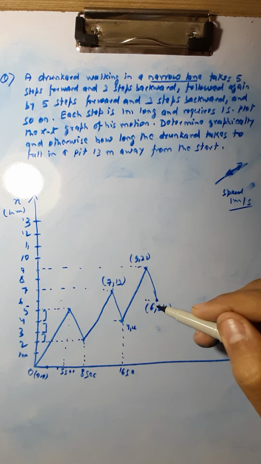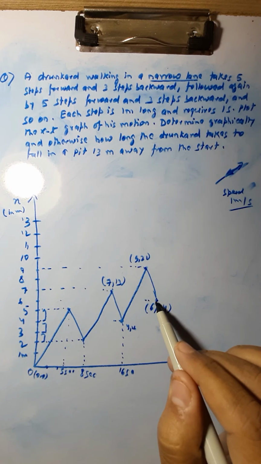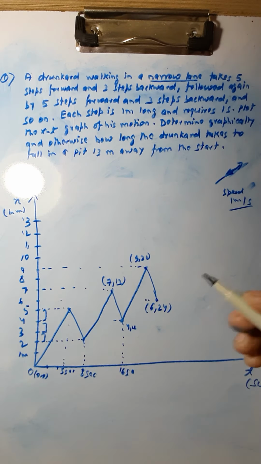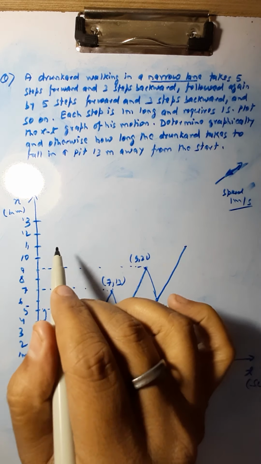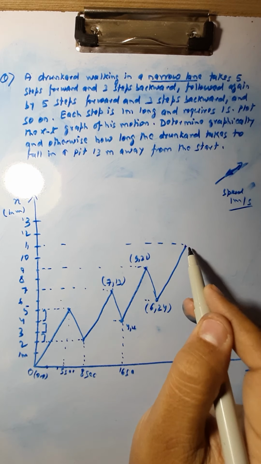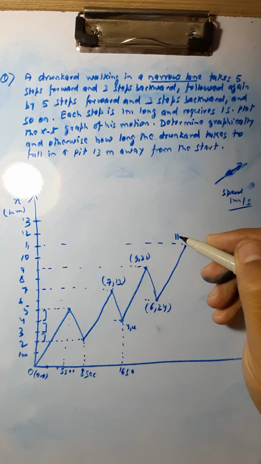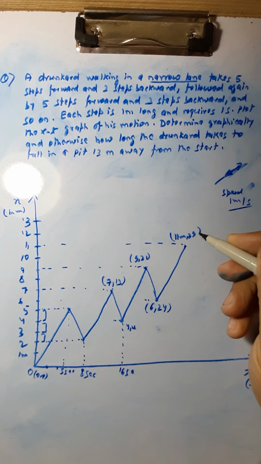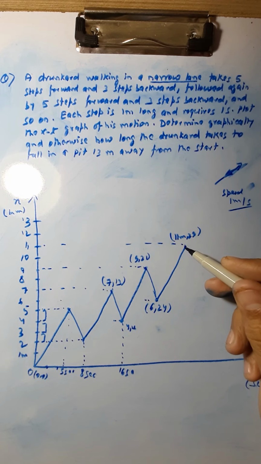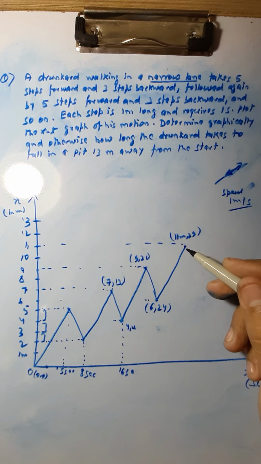From here he will take another 5 steps forward, and 5 steps forward will take him to 11 meter. Somewhere here, and the time is 29 seconds, since 5 steps would take another 5 seconds.